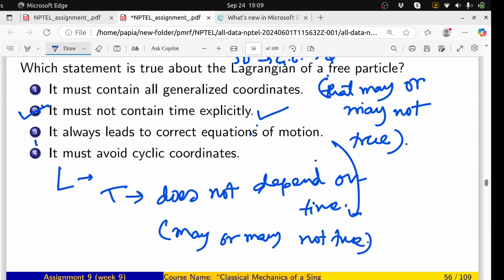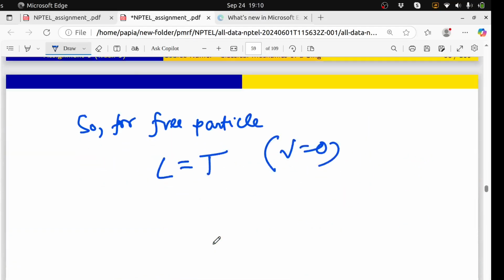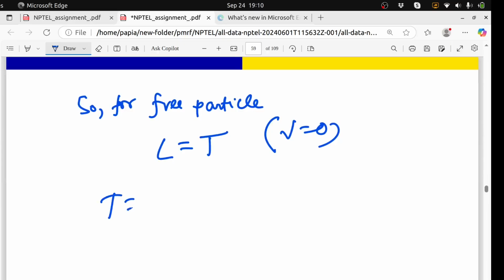It must avoid cyclic coordinates. That is also not correct, because we don't know which type of T is there. So let's say I have T equals half m (x dot square plus y dot square).